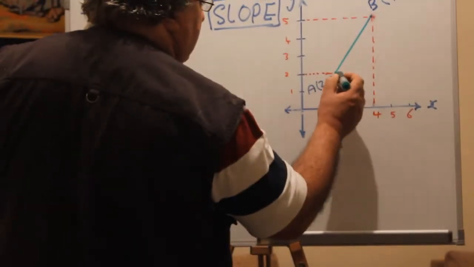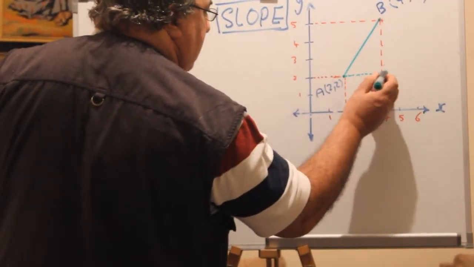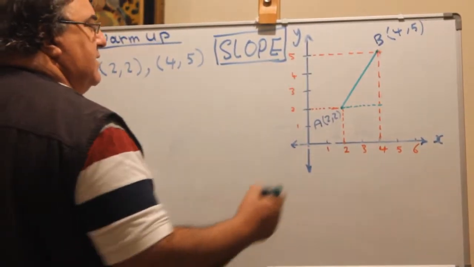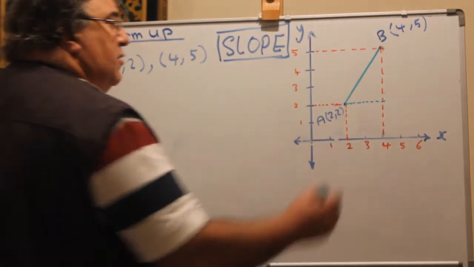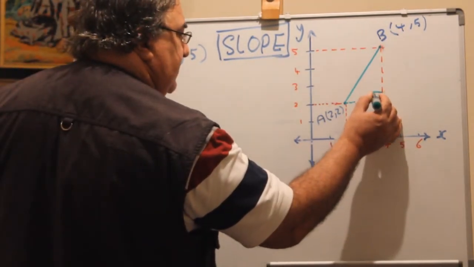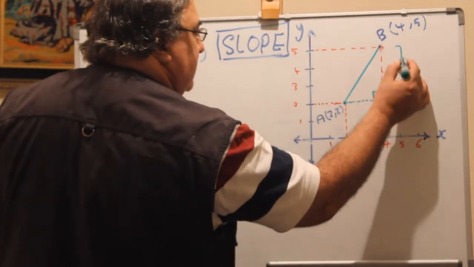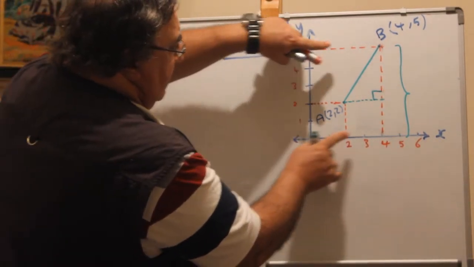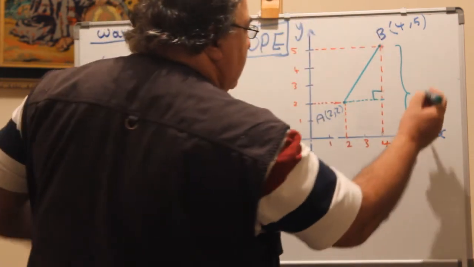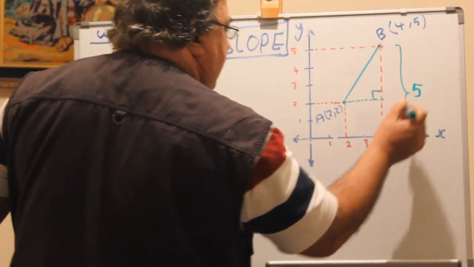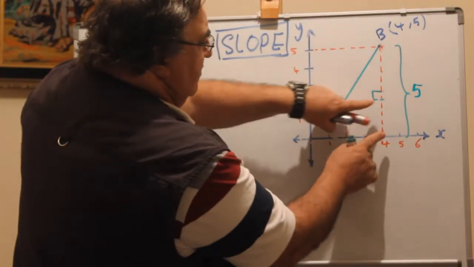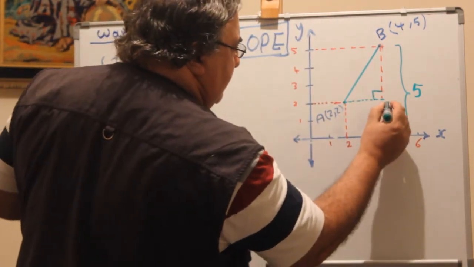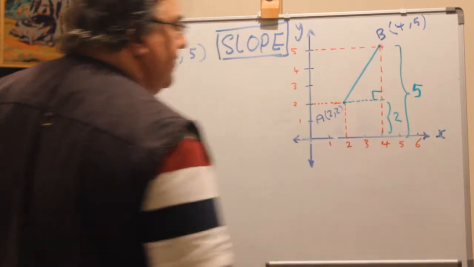If we make a line parallel to the x-axis and a line parallel to the y-axis, we have a right angle triangle. Now, I want to know the whole distance from here to here. This is 5, correct? And the distance from here to here is 2.